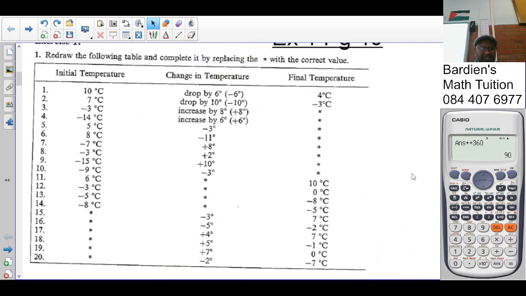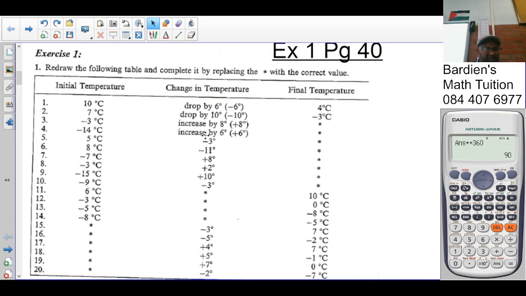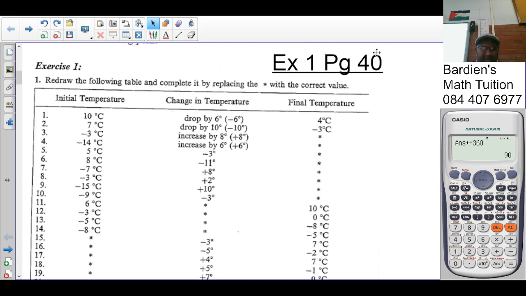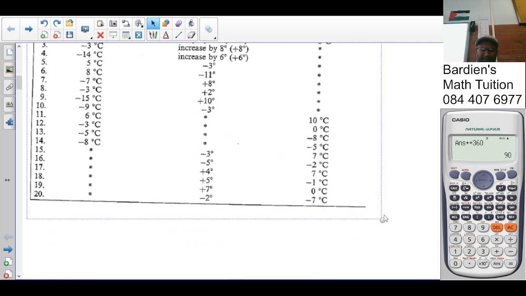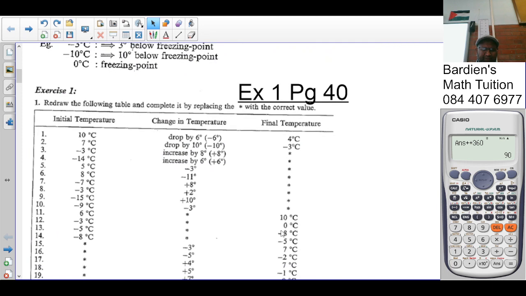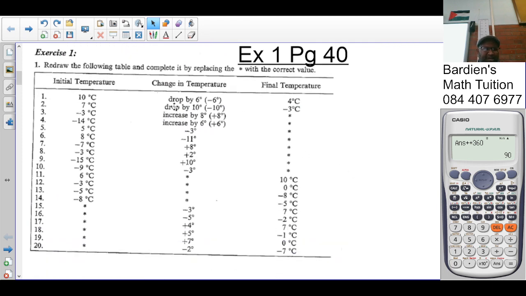For homework, you see this table you have here. The table's on page 40. That's your homework, okay? You're going to fill in those missing values there. Let's do a few quickly. Number 1 says, redraw the following and complete by replacing the asterisk with the correct value.